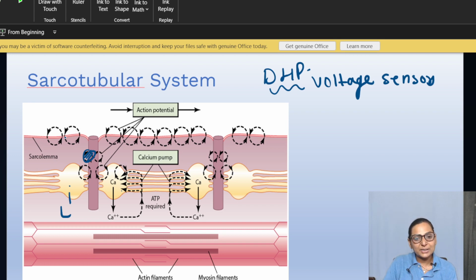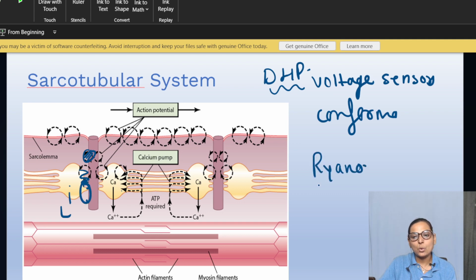So when the action potential travels, these DHP receptors open up because they are voltage sensors, and as they open up, they bring about a conformational change and open the ryanodine receptors, which are present on the L tubules. Ryanodine receptors are not voltage gated. It is just a kind of lock and key conformation. So they open the lock and the calcium is poured out.